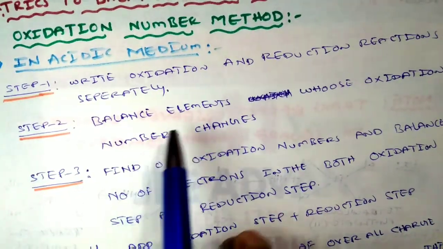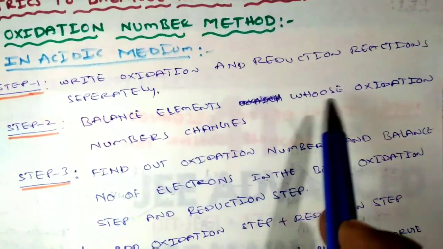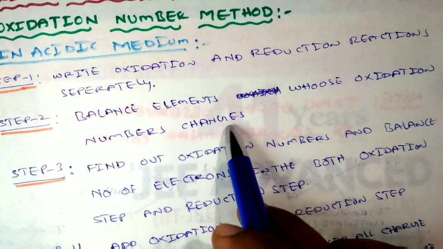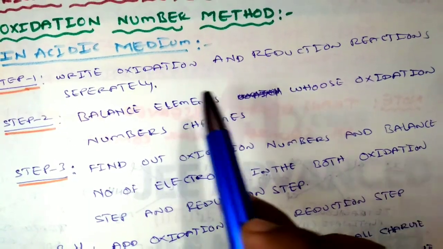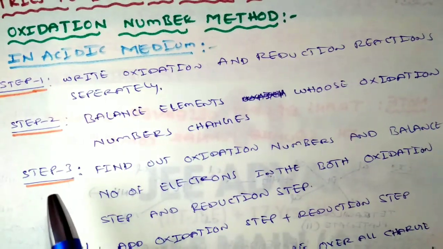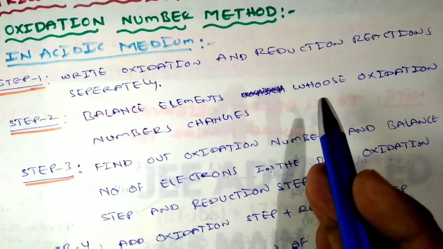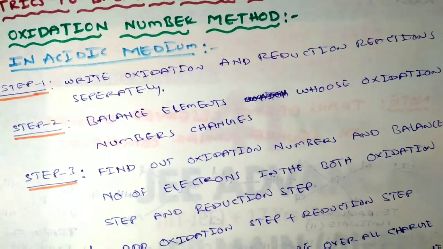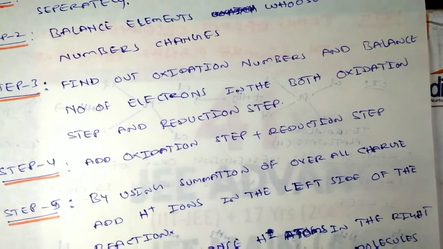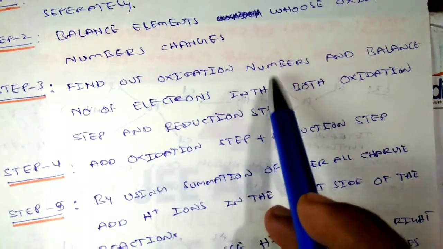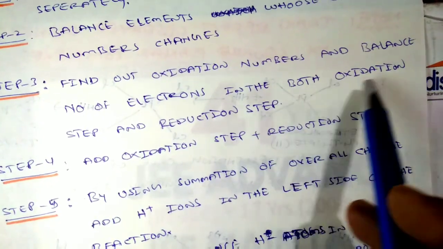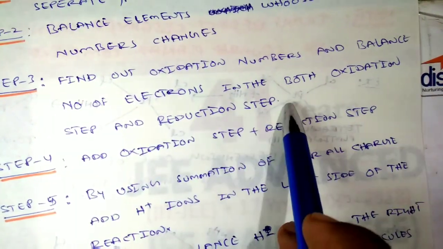Step 2: balance the elements whose oxidation numbers change. Step 3: find the oxidation numbers and balance the number of electrons in both the oxidation step and the reduction step.